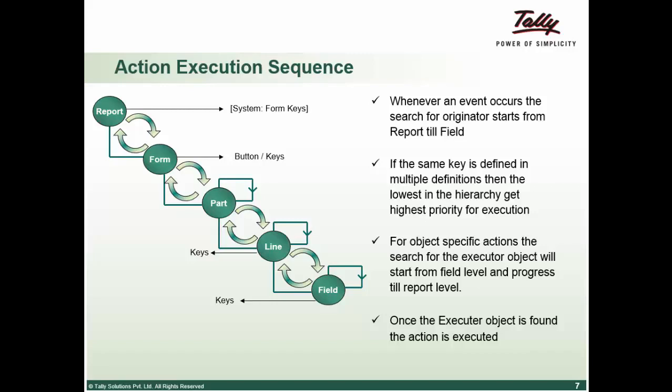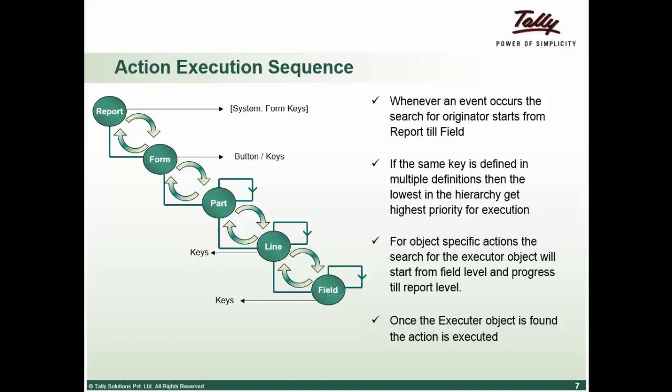Now where the key is specified, say at the field, there is an action specified at this key. Now which object can actually perform this action, that search starts from the bottom. So now field has the enter key and it has an action.